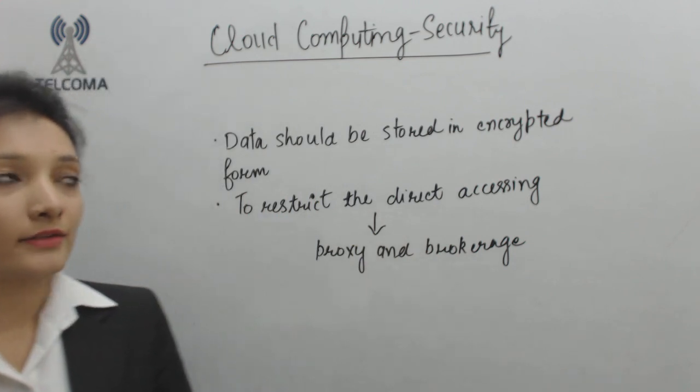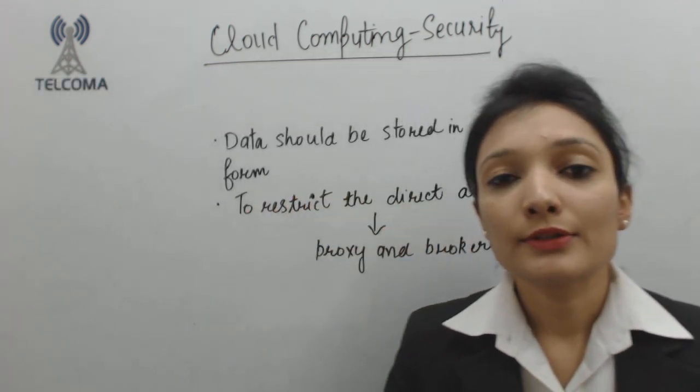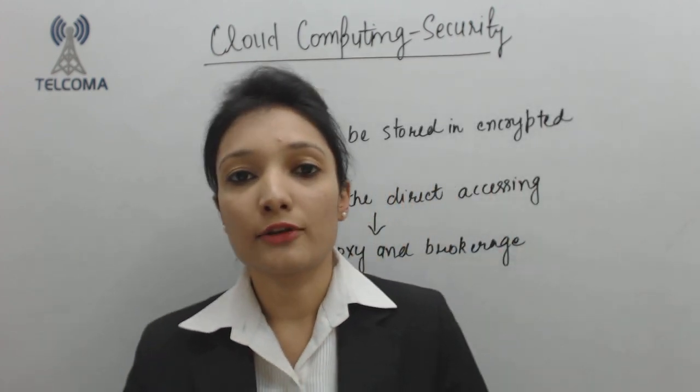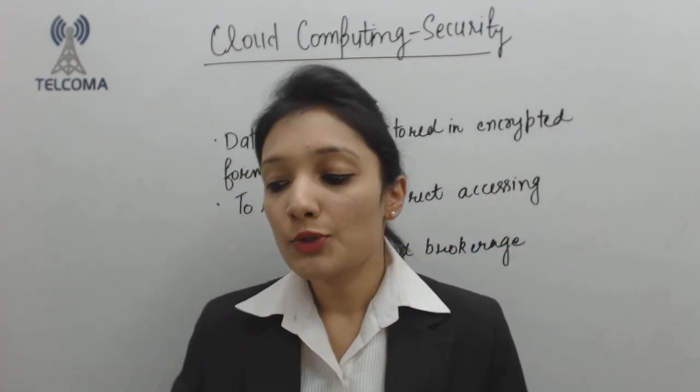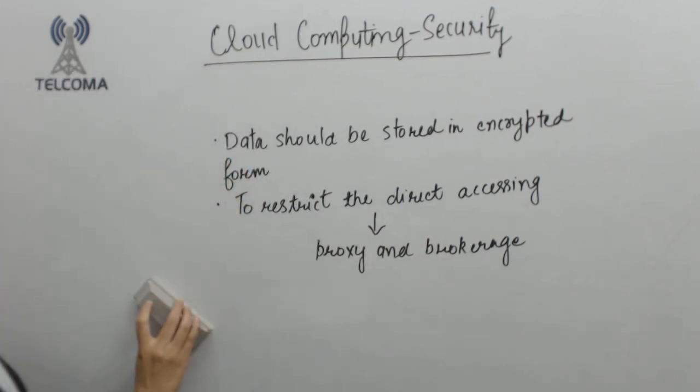So from this we can say that security is a major concern and there are certain solutions to implement the security in your cloud platform. So first of all we'll begin with discussing the security planning.